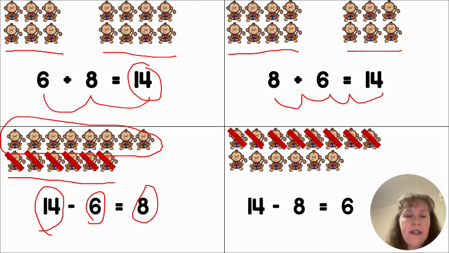Right, so we have 14 minus 6 equals 8. And then in our last box, we're still starting with how many we have all together, which is 14, our biggest number. We're going to take away 8 this time, and then we are left with 6. So we can see that in our example there. So again, 6, 8, 14, all related.